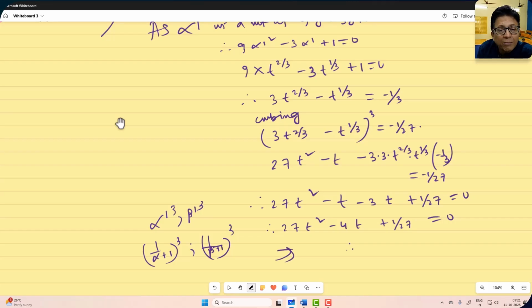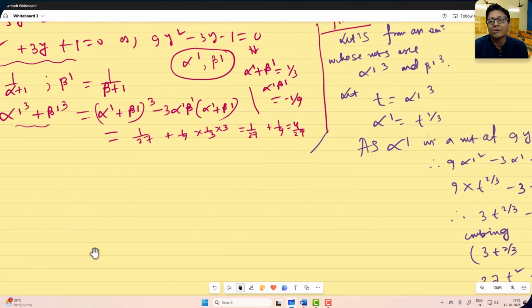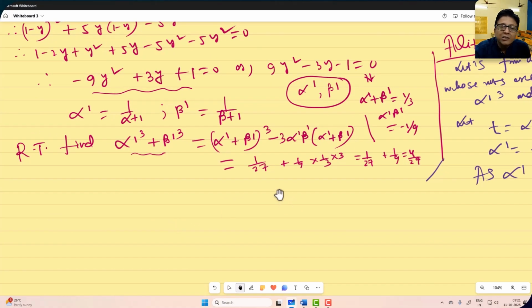So the sum of the roots, alpha dash cube plus beta dash cube, is 4 by 27. This method is actually longer than the method I have used there. So you must see which one is convenient for you, where you are getting the answer first. You substitute there. No detailing is required. As soon as you get the answer, it's fine.